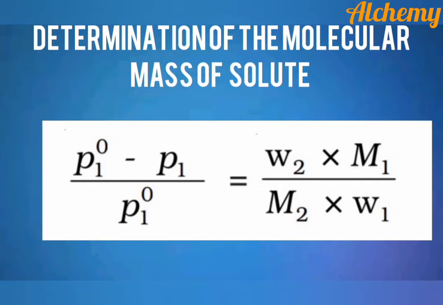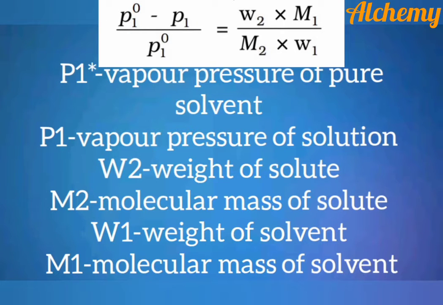Based on this property, the equation to find the molecular mass of the solute is given by (P1° − P1)/P1° = W2 × M1 / (M2 × W1), where P1° is the vapor pressure of the pure solvent, P1 is the vapor pressure of the solution, W2 is the weight of the solute, M2 is the molecular mass of solute, W1 is the weight of solvent, and M1 is the molecular mass of solvent.